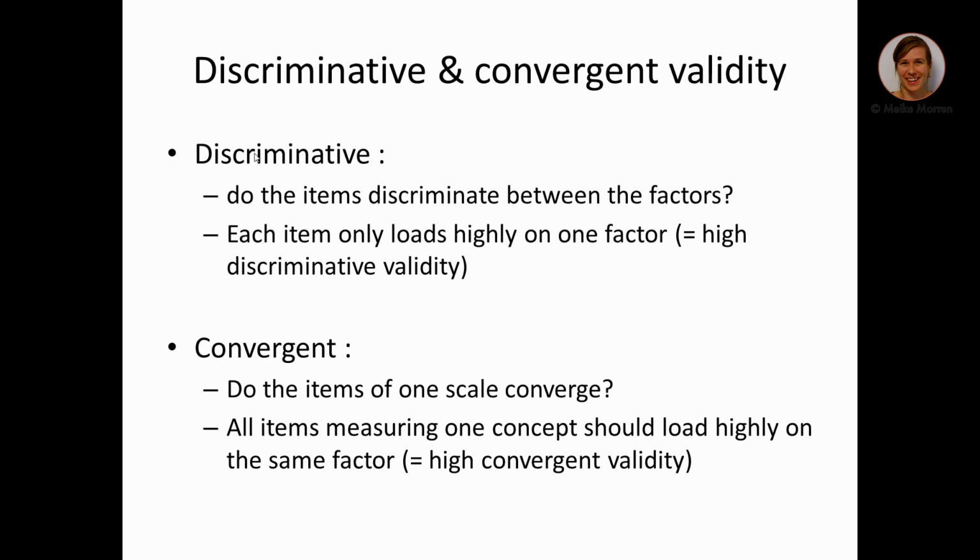Convergent validity treats a different topic: whether the items of one scale that you already thought would belong together really converge highly. So if all items measuring one concept load very highly on the same factor, then you have high convergent validity.